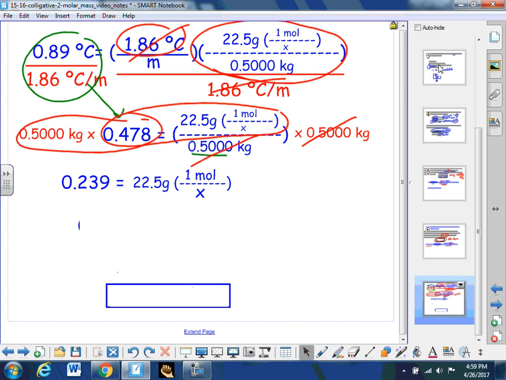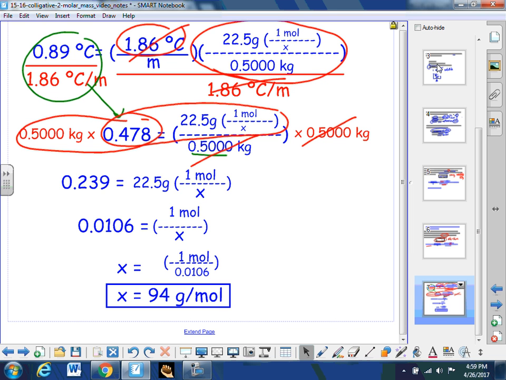Now I'm going to divide both sides by 22.5, giving me this. Rearranging this equation to solve for x, x is going to equal 1 mole over 0.0106, which gives me a final answer. X equals 94 grams per mole.